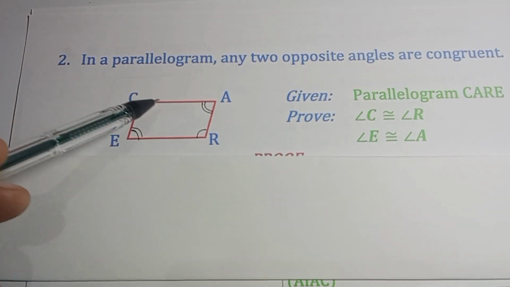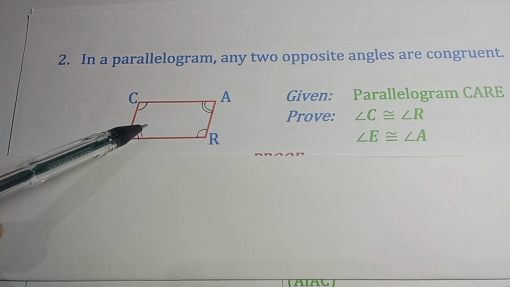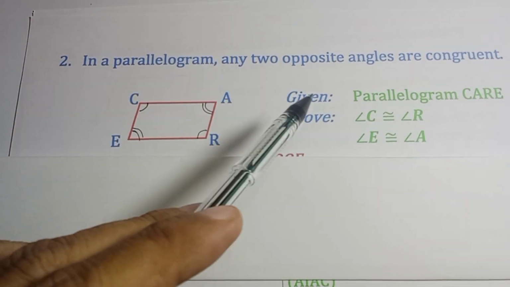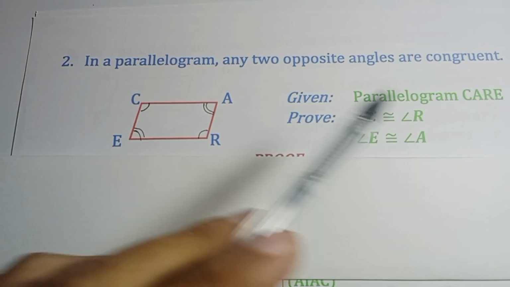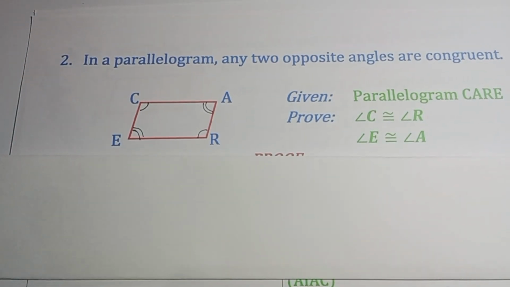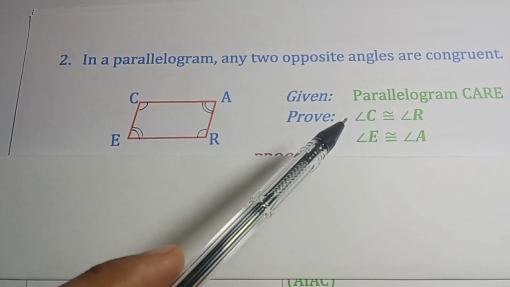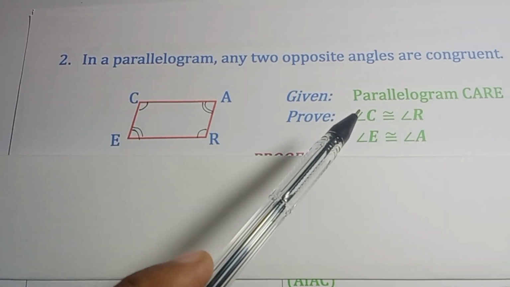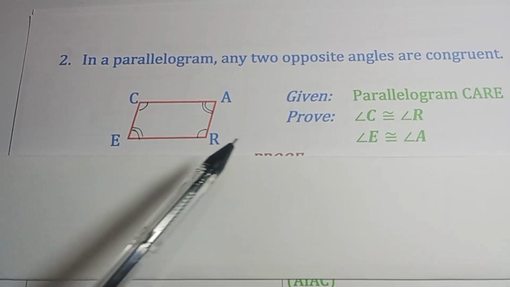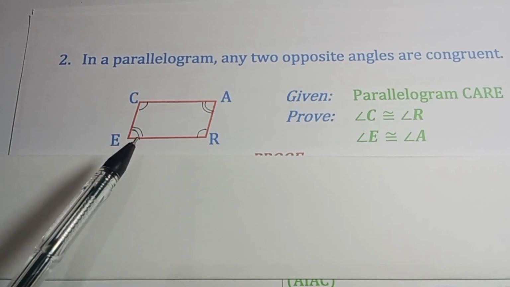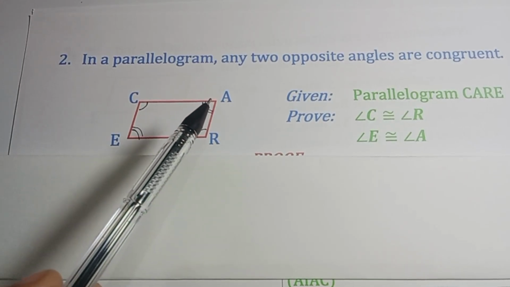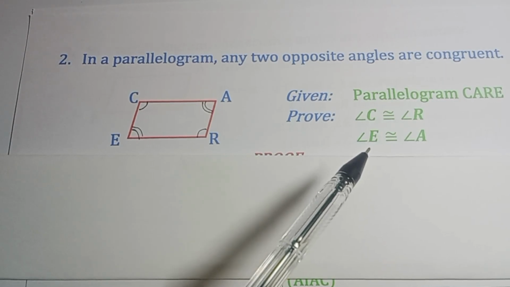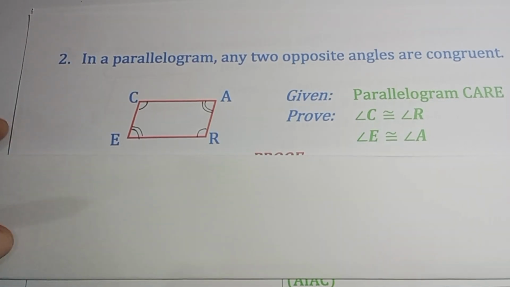So C is congruent to R, E is congruent to A. Okay, let's prove this. We have given parallelogram CARE. We are going to prove that angle C, this one, is congruent to angle R. And then angle E, this one, is congruent to angle A. Okay, so let's have the proof.